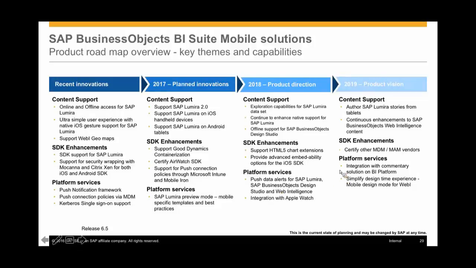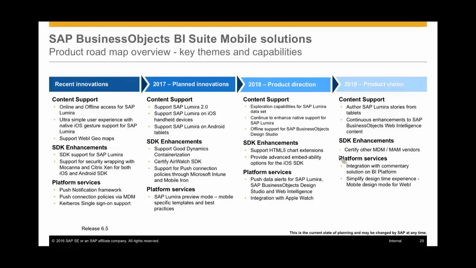We will continue to enhance the experience and also provide design time simplification. We're still debating whether authoring is something one would do on a mobile device. At the same time, we are working on proofs of concept for integrating voice-based commands to access content, so that it's easier to interact with your BI content on the mobile device.